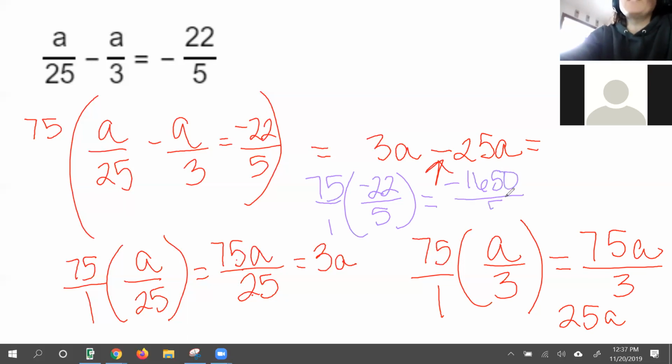And then if I divide that by 5, I get negative 330. So now I have made my equation look like this by multiplying by a denominator.